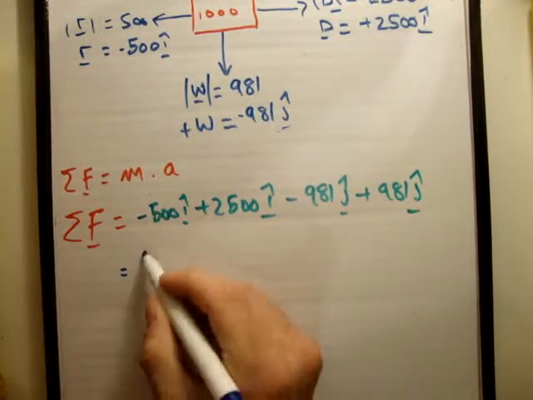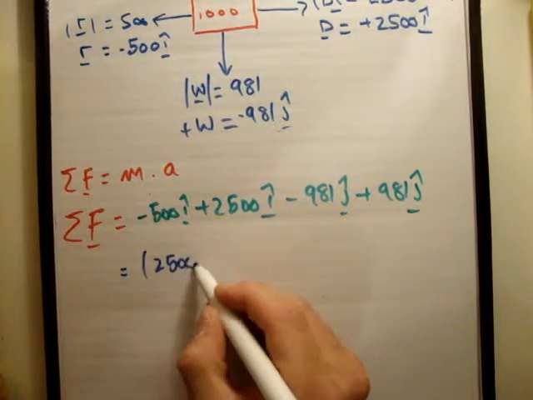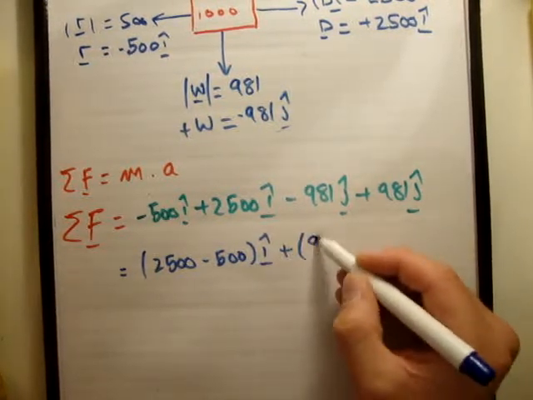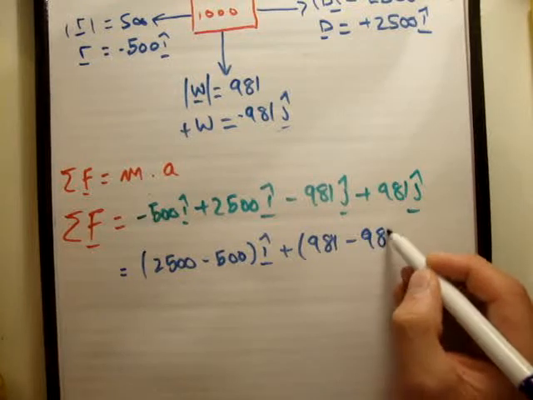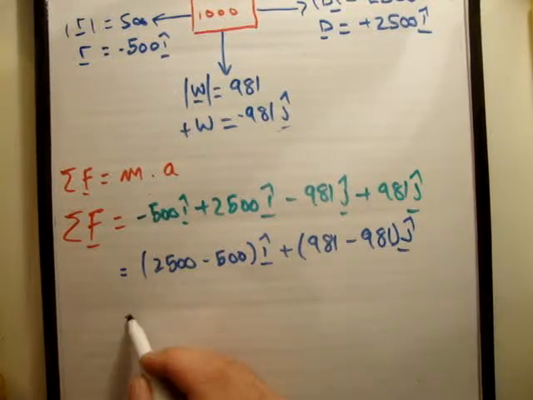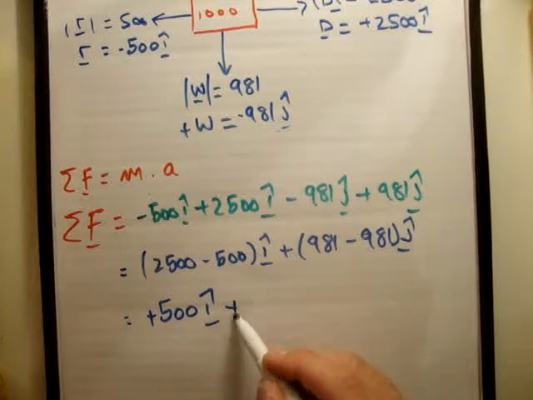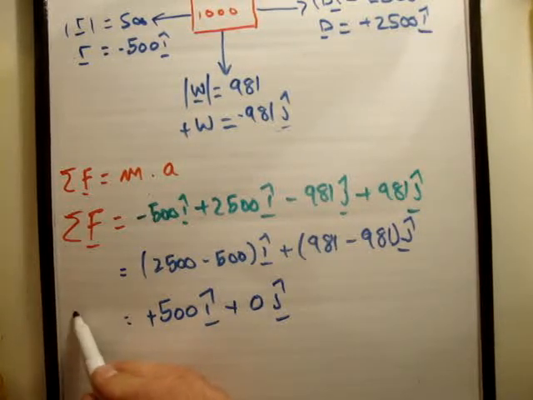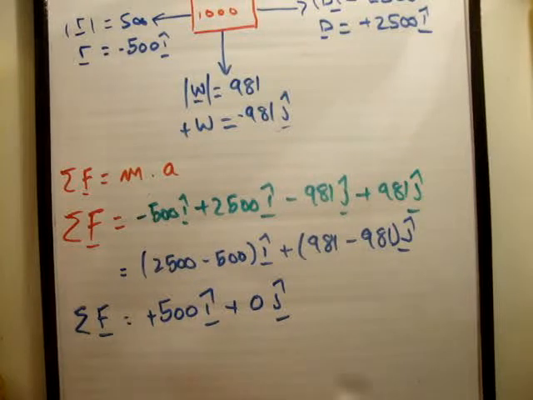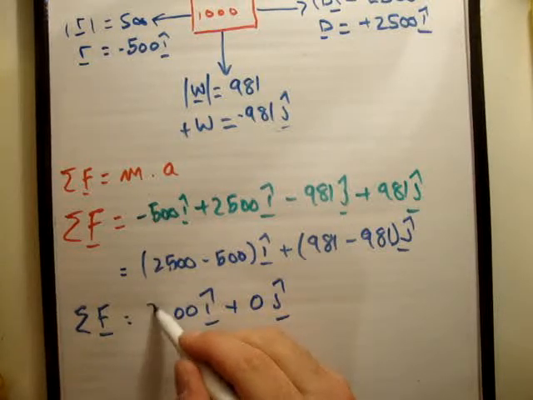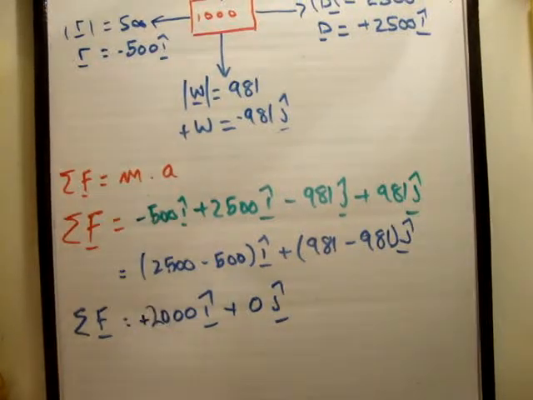So we have the following: 2500 minus 500 i hat plus 981 minus 981 j, and that's going to be equal to 500 i hat plus 0 j. Alright? Oh, not 500, excuse me, 2000, what am I saying? That's 2000. Like so.